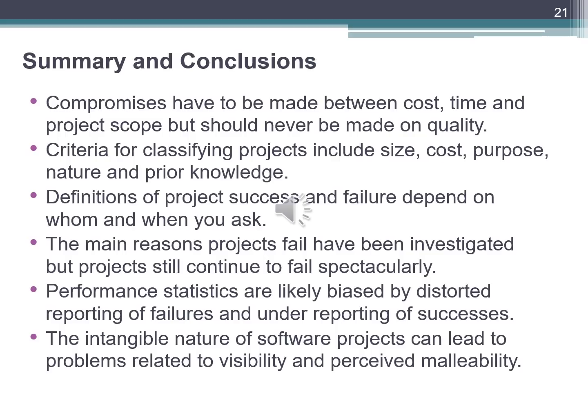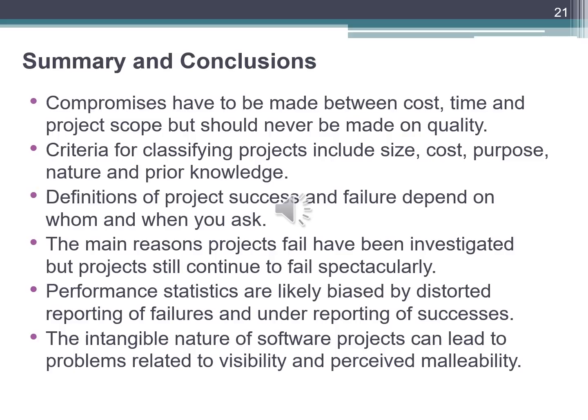Let's summarize all and draw some conclusions. Compromises have to be made between cost, time, and project scope, but should never be made on quality. Criteria for classifying projects include size, cost, purpose, nature, and prior knowledge. Definitions of project success and failure depend on whom and when you ask.